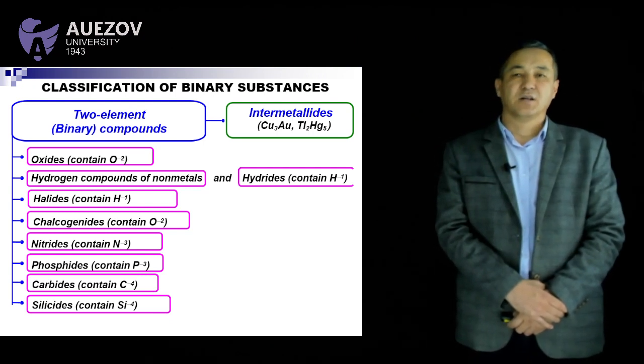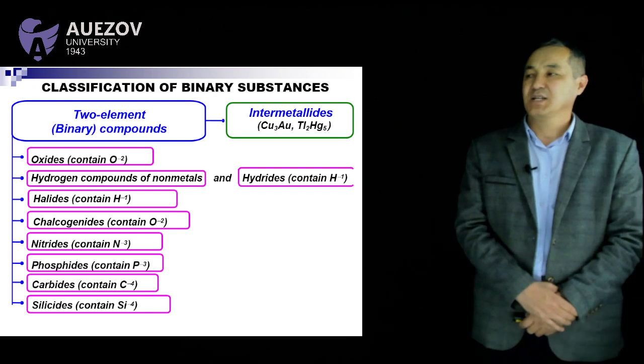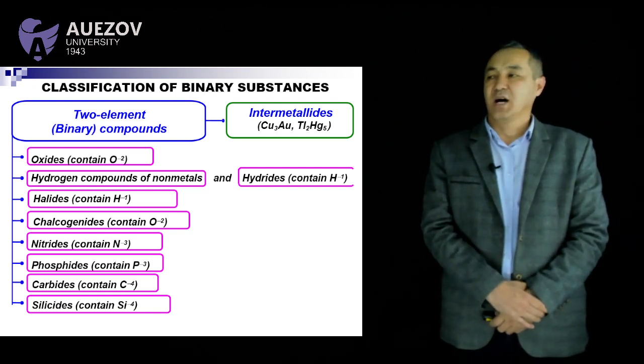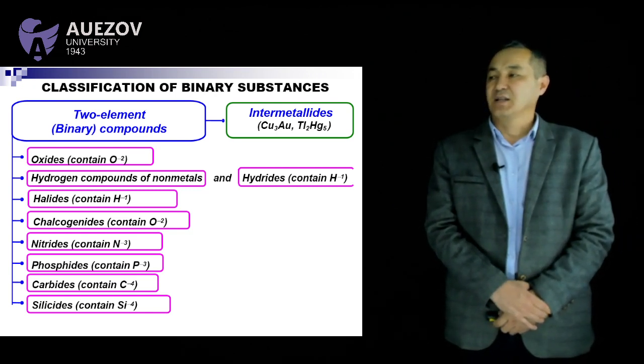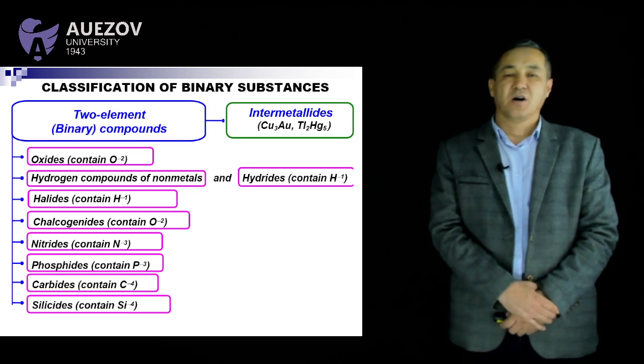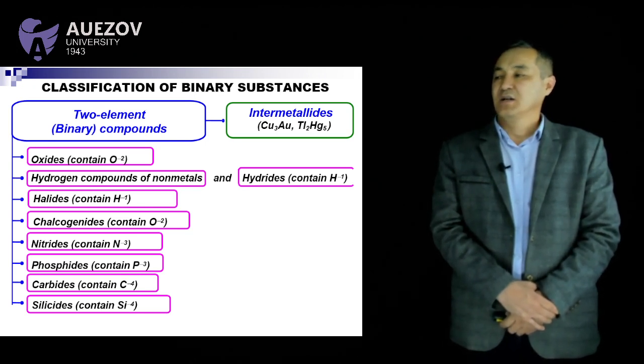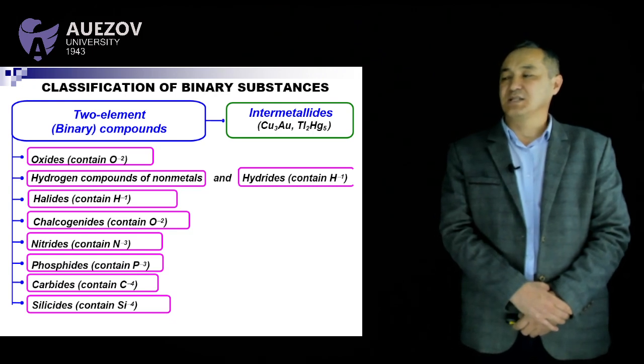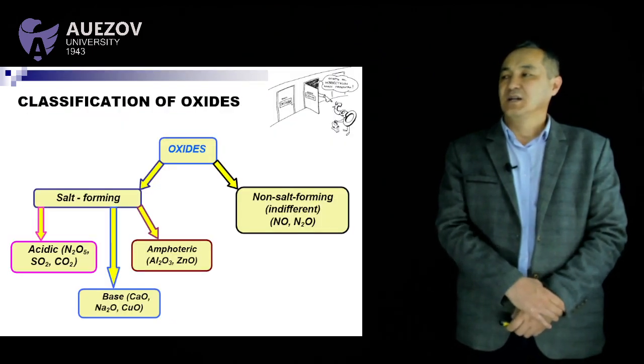Hydrides contain hydrogen atoms, halides contain halogen ions, and chalcogenides contain chalcogen ions. Then nitrides, phosphides, carbides, and silicides.